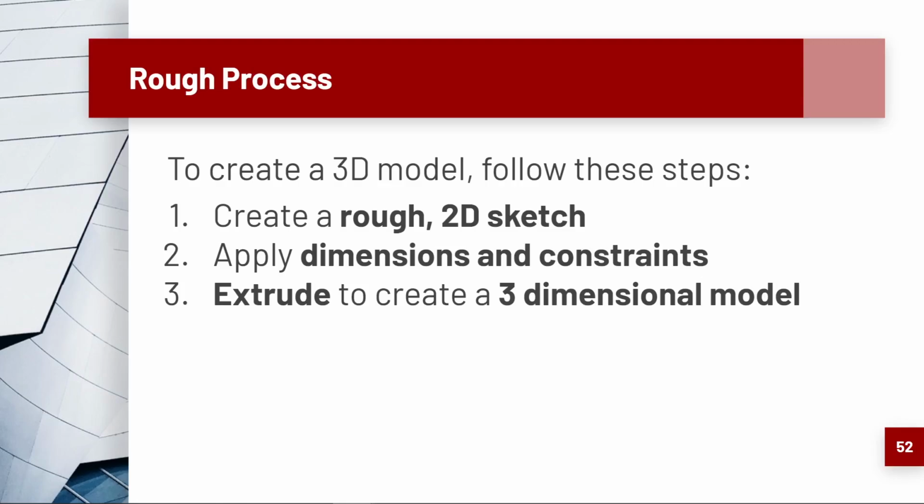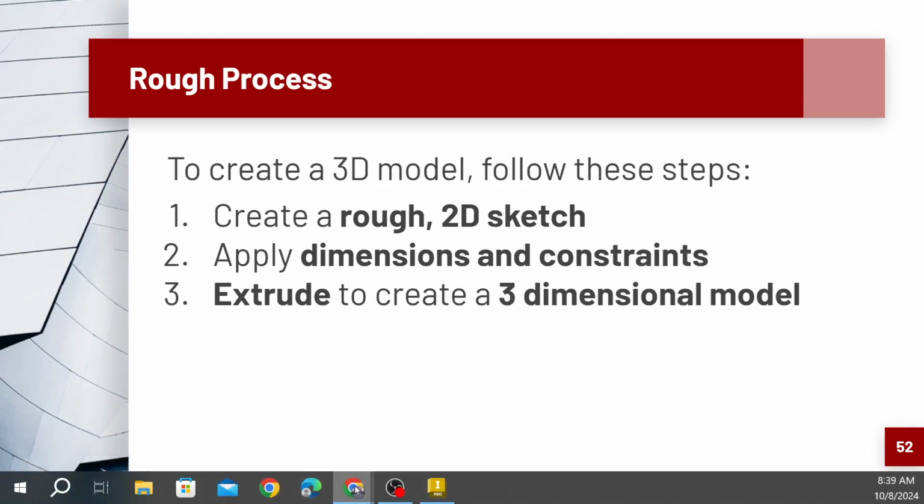We're also going to learn about constraints and what constraints are. And then we're going to do something called extruding to make our 2D sketch a three-dimensional model. So in the most basic sense, we're creating a shape, we're constraining it, and then we're pulling it in a third direction to make it 3D.